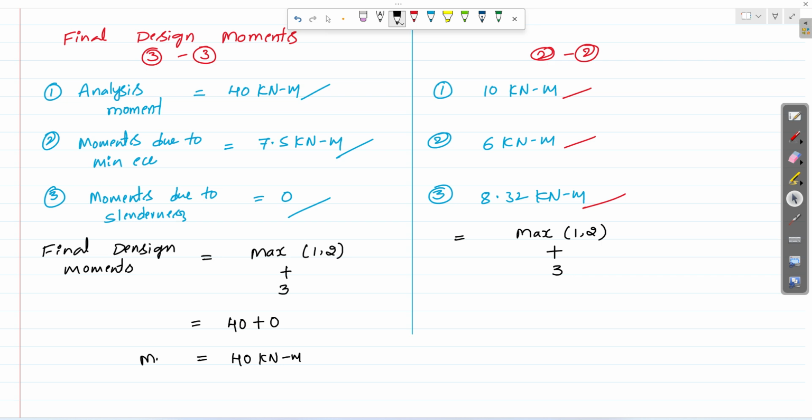So this is MU33. So here, maximum of 1 and 2 is 10, plus 3 means 8.32, so 18.32 kilonewton meter. So it is MU22. Whereas your PU is 300 kilonewton.